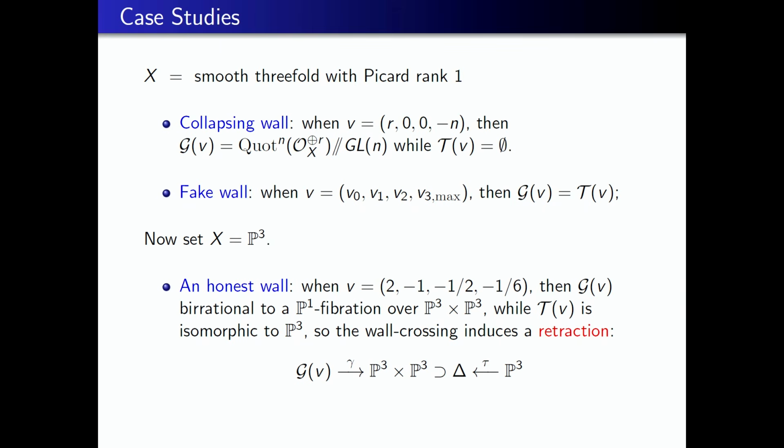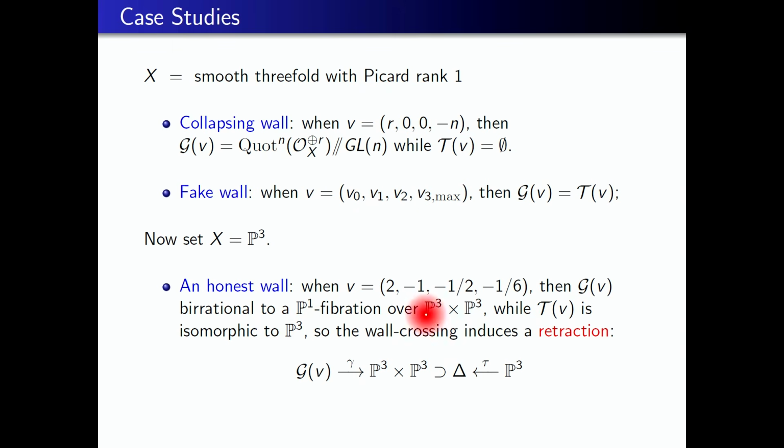So all the Gieseker semistable sheaves for these vectors, I didn't explain what V3 max is, but there is a choice of vector for which the objects don't suffer anything when they cross the wall. So that's what I'm calling a fake wall.